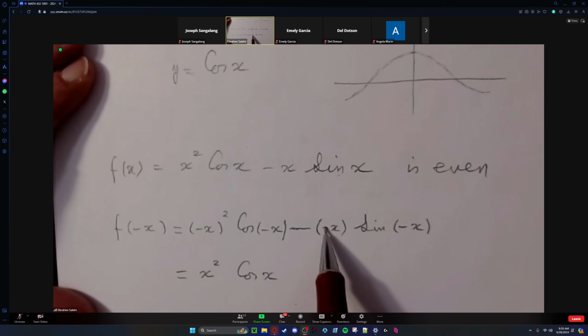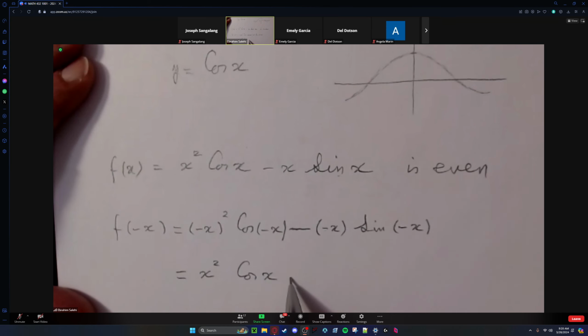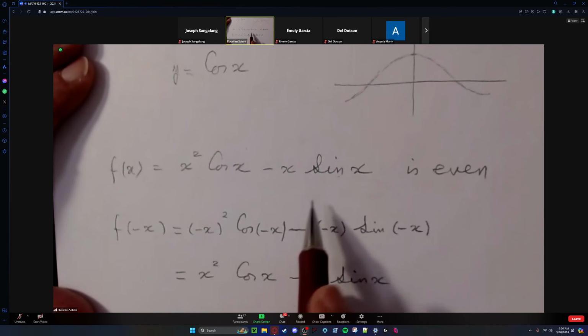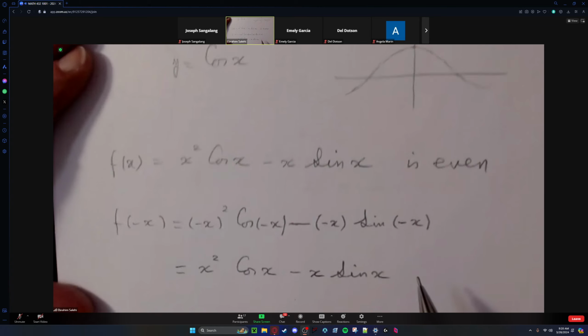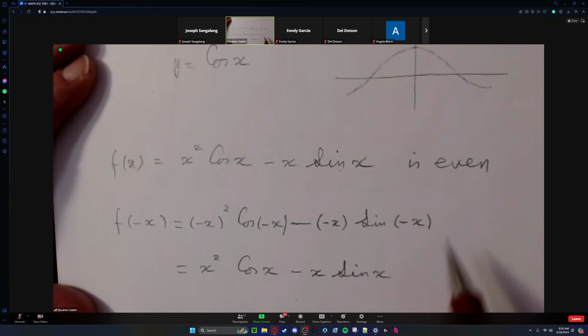Negative negative gives you plus, but sine of negative x is negative sine x. See, we got back to the function itself, right? So I replaced x by negative x. I just noticed that, oh, well, look, this is f of x.